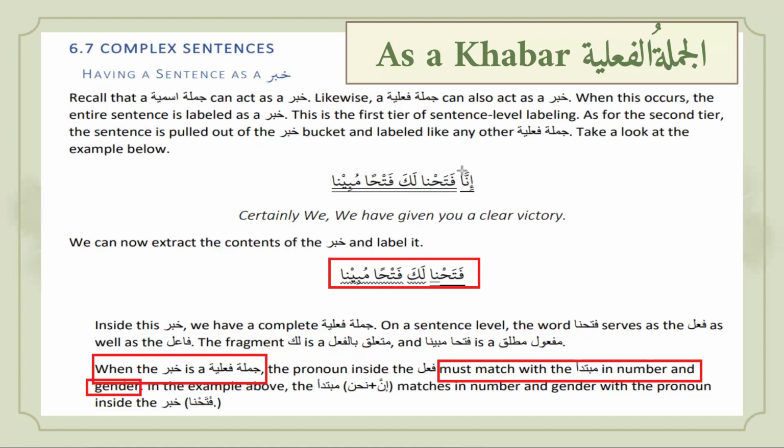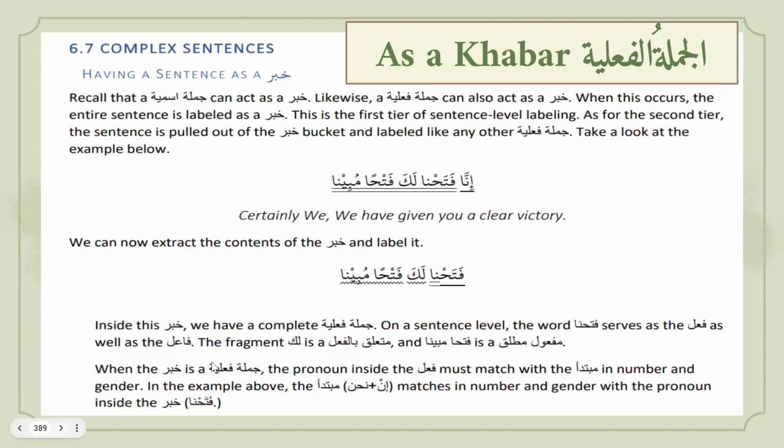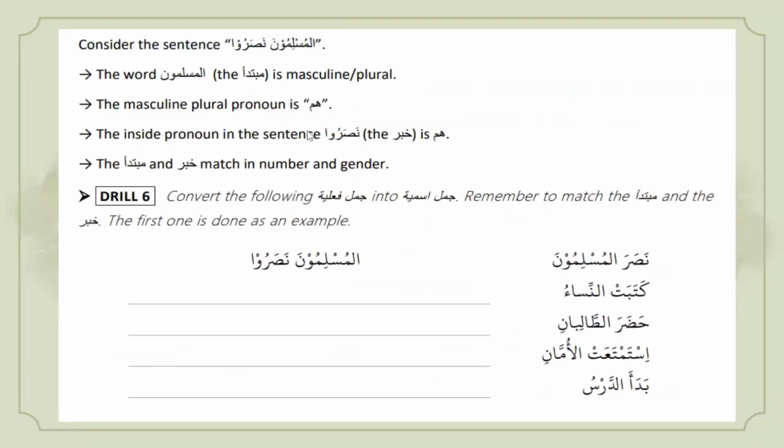Na, nahnu, and in the fail of the jumla failure we have the doer na. So these are matching. The pronoun inside the fail must match with the mubtada in number and gender. This is the rule. So here is an example to see how this rule applies.